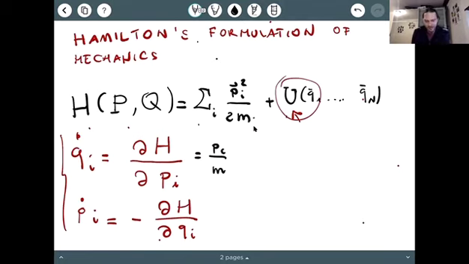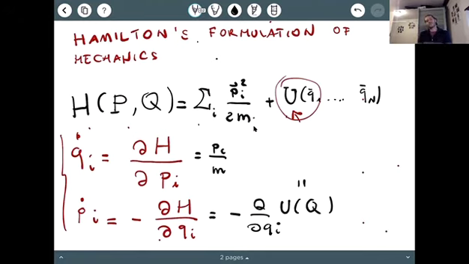And the second part is telling me, oh, look, this is actually the derivative with respect to q_i of the potential, the function U, which is a function of all the q's. Now, remember, the derivative of a potential with respect to a position with a negative sign is what we call the force.